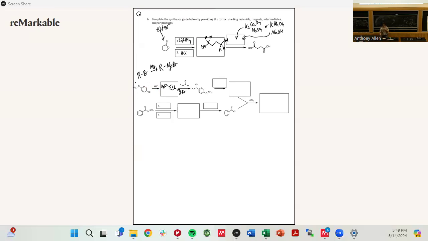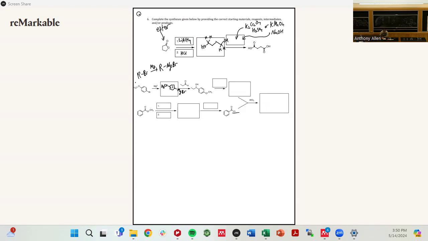Not too bad. That makes sense because we had an aldehyde that added, so the Grignard adds to the aldehyde. And then, well, we don't quite know what we need here. In fact, I might have screwed this up. Come to think of it, we'll see.